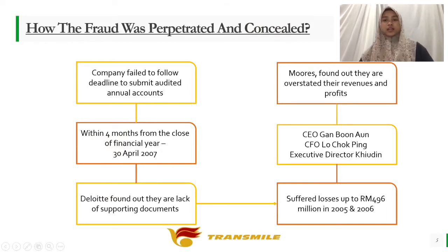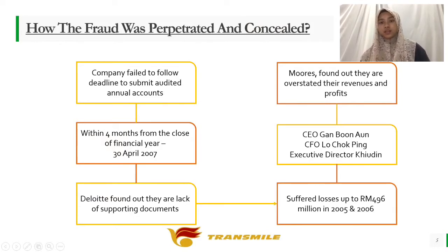Deloitte and Touche, who are the external auditor for Transmile Group, rejected their annual accounts because Deloitte found that they lacked certain supporting documents.